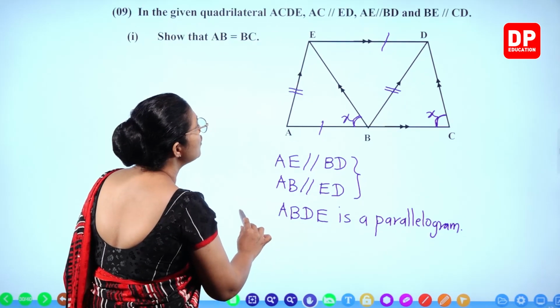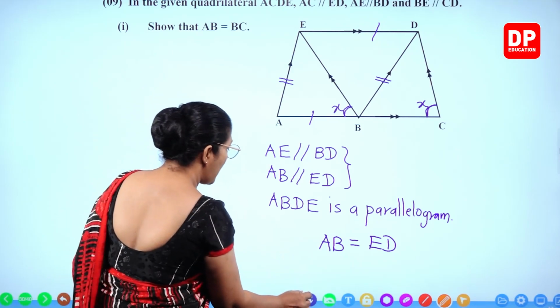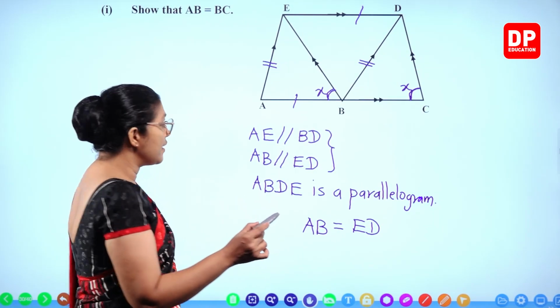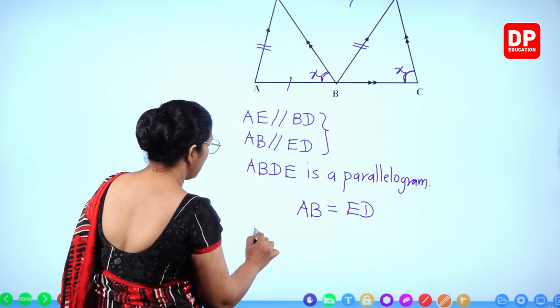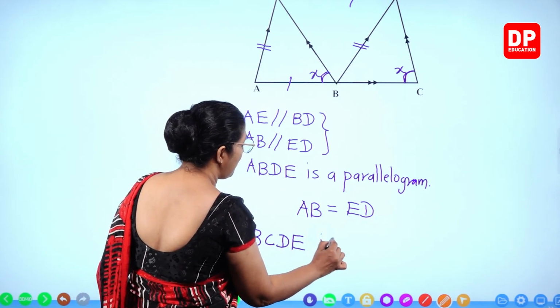So here what you can say, AB is equal to ED because opposite lengths are equal. Now again we can say that BCDE is also a parallelogram.